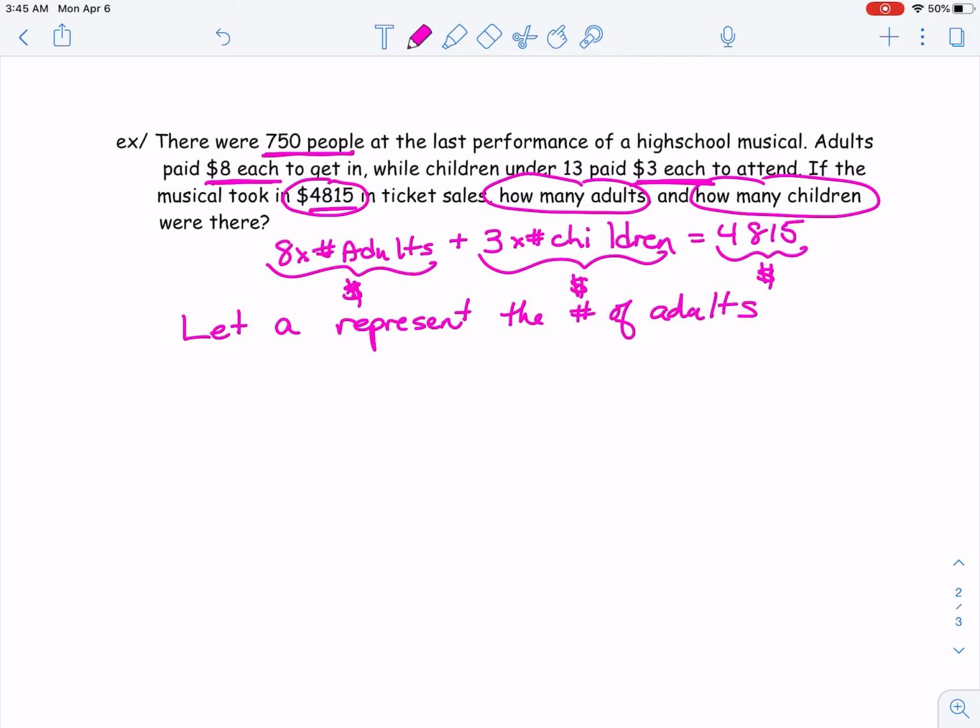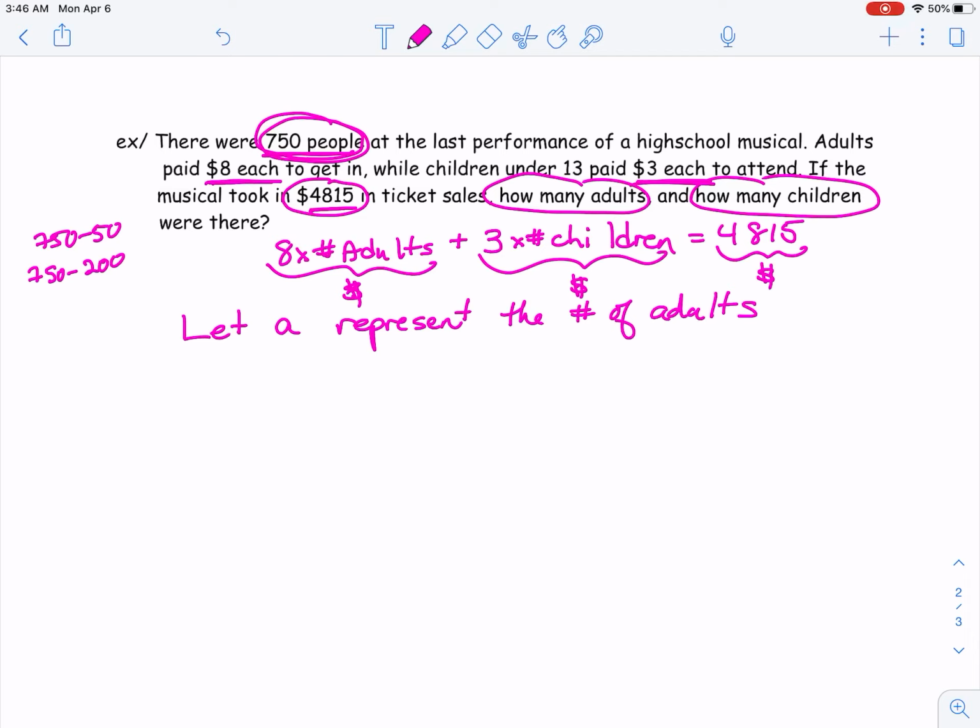Now there's some information in this problem that will tell us how many children. There were a total of 750 people at this performance. So let's say 50 of them were adults. Well, that would mean that 750 minus 50 would be the number of children. Or let's say there were 200 adults. Well, then 750 minus 200 would be the number of children.